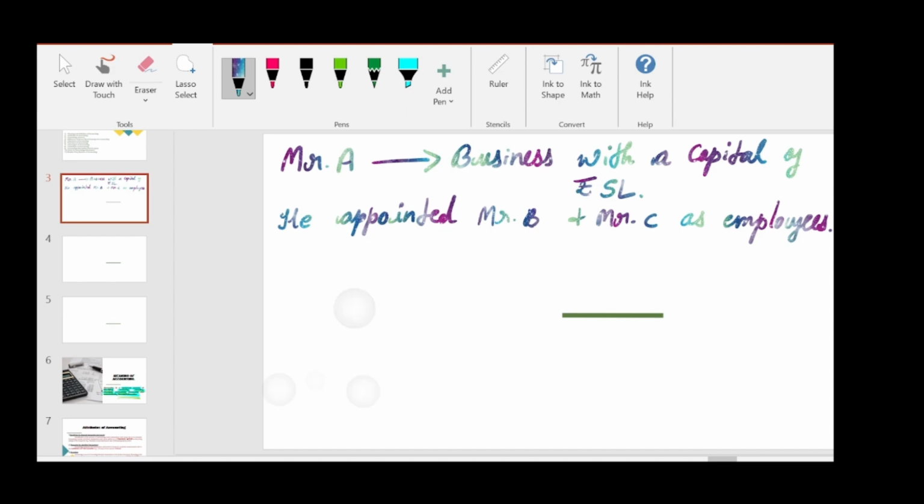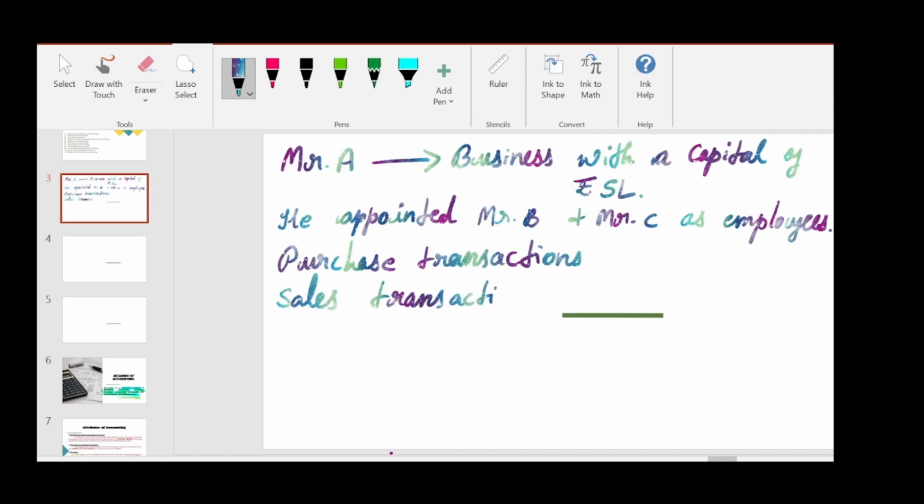And he made the following transactions: purchase transactions, and then some sales transactions, and then he wants to pay salary, so he will have salary transactions.